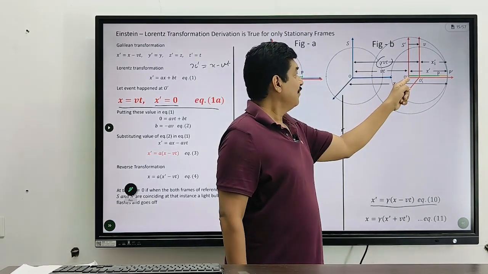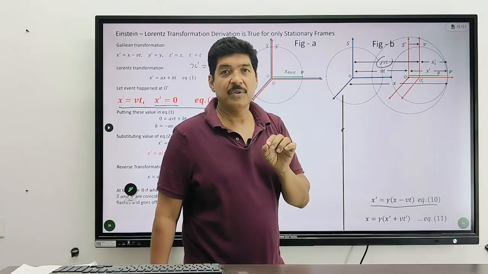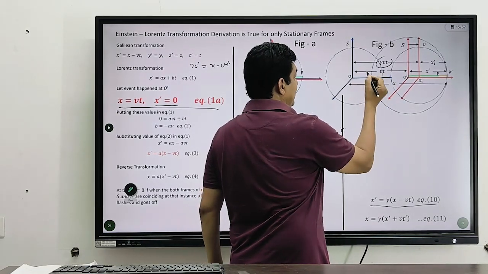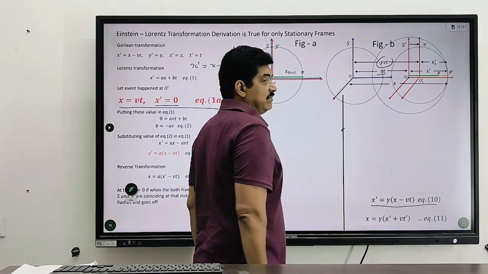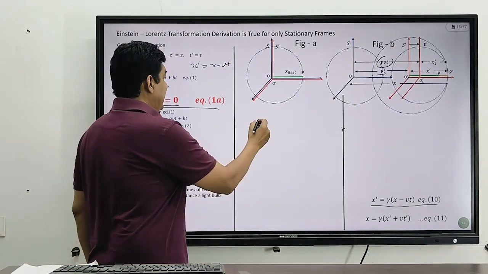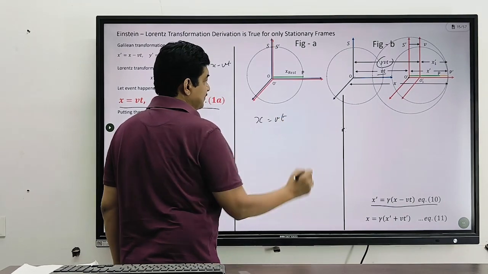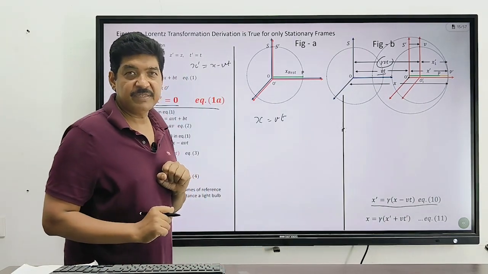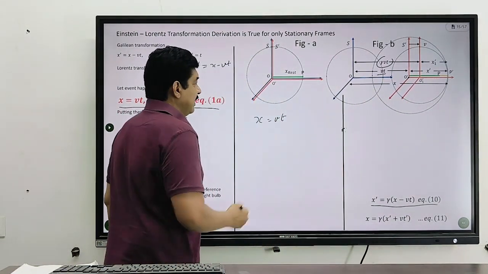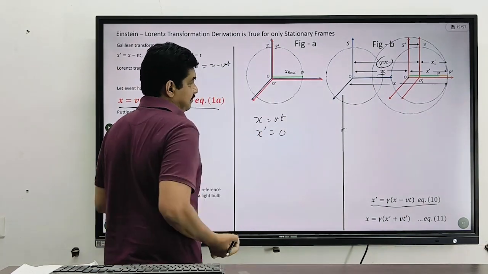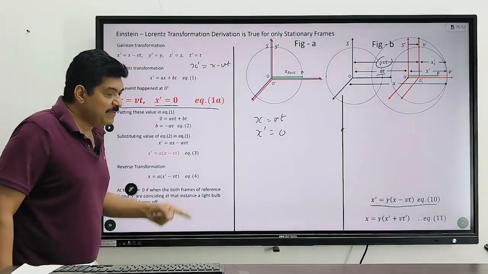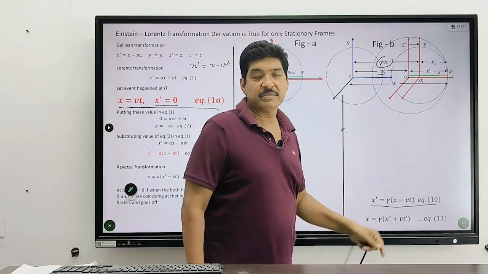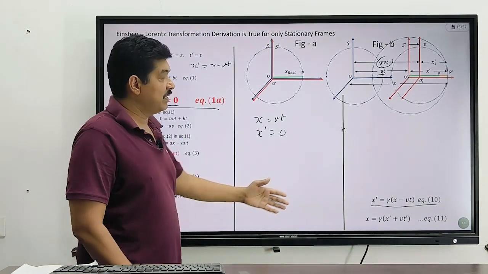So when one event happens here, it will register in this frame of reference and this length will be Vt. So x is equal to Vt will be right because there is no transformation for a stationary frame of reference once it is stopped, and x prime is equal to 0. That means if this is a stationary frame of reference, then only the whole equation can be true.